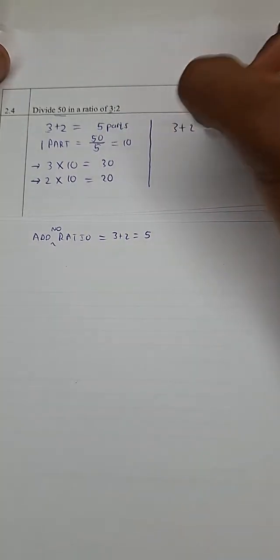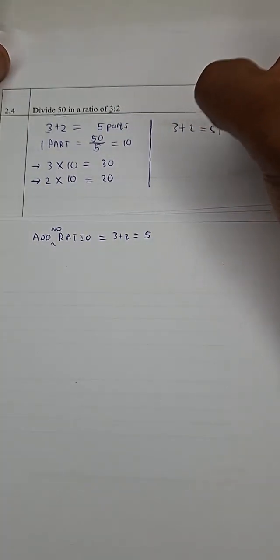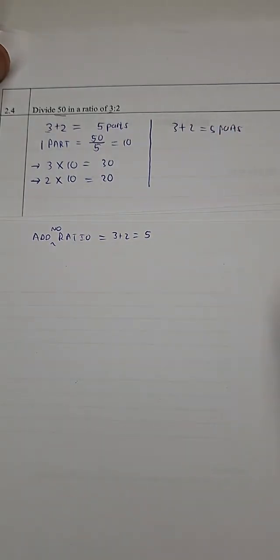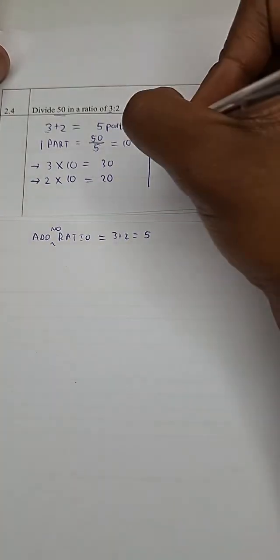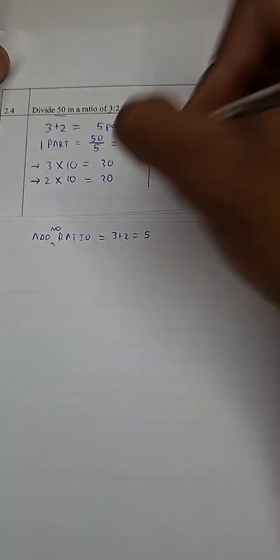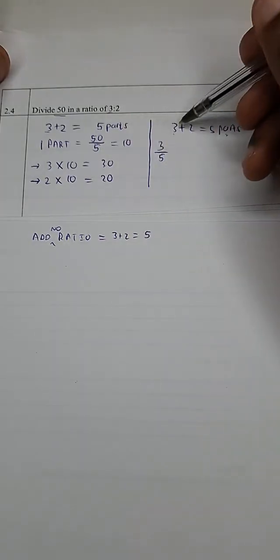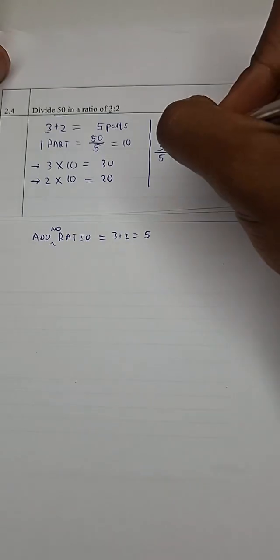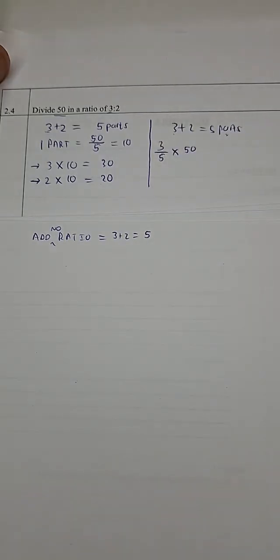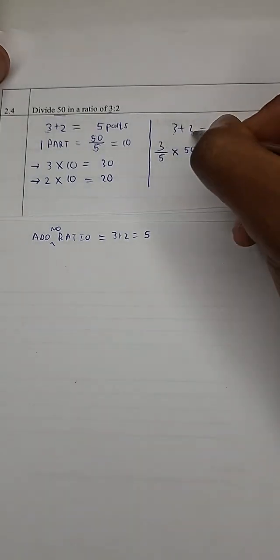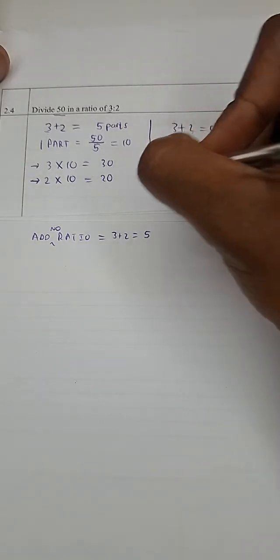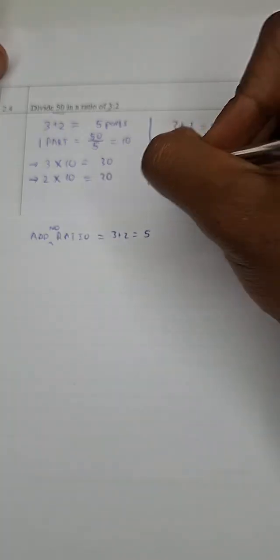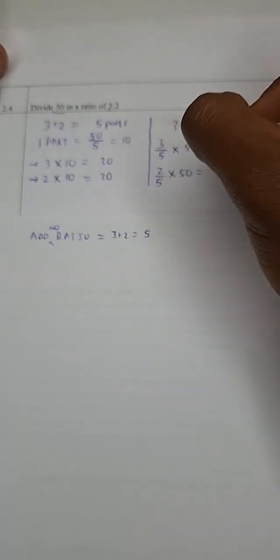Some kids do this. 3 plus 2 is 5 parts, which is fine. Then they take the 3 and write it over the total number of parts, and multiply by 50. Then you do the same thing with the 2: 2 over the total number of parts times 50.